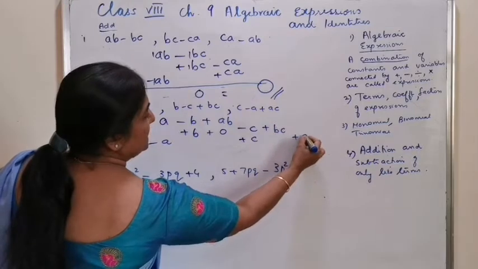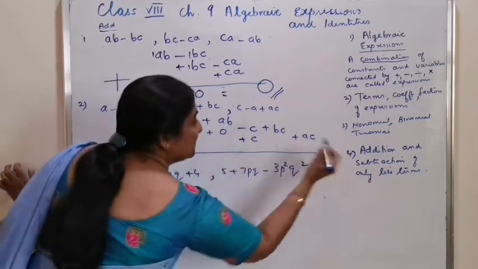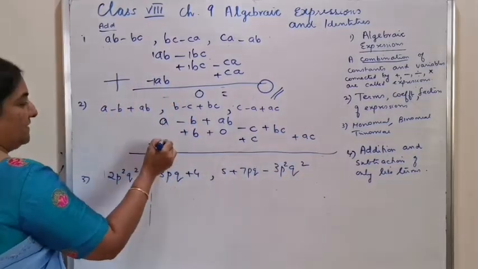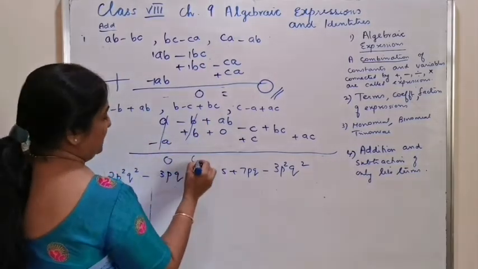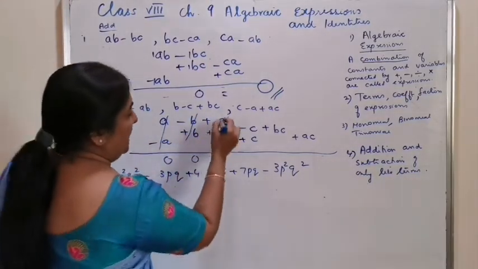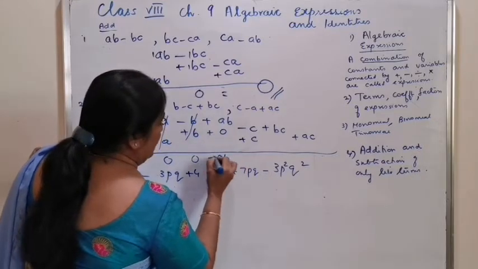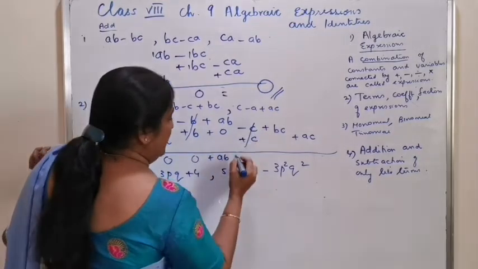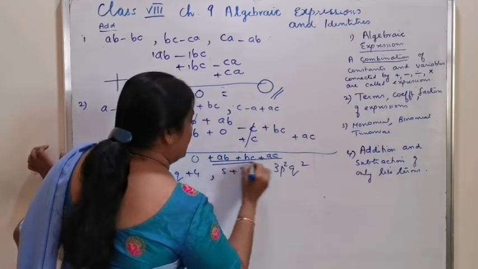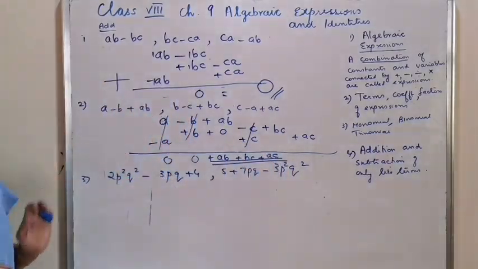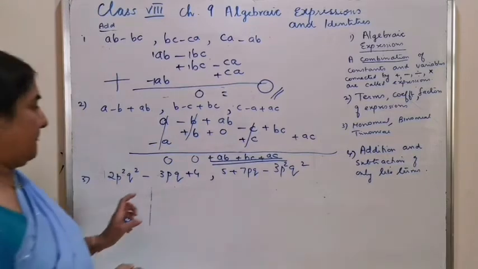Plus AC is something different, which shows that positive A and negative A get cancelled as 0. Plus B and minus B also get cancelled as 0. AB plus that 0, there is a positive AB remaining. There is a positive BC remaining. There is a positive AC remaining. So the answer is AB plus BC plus AC.